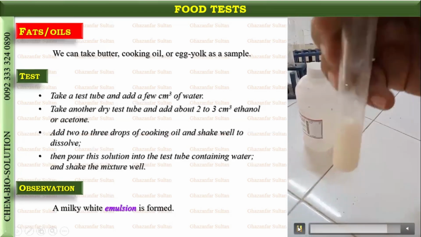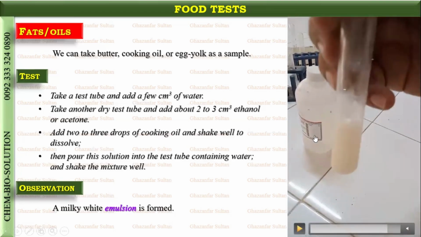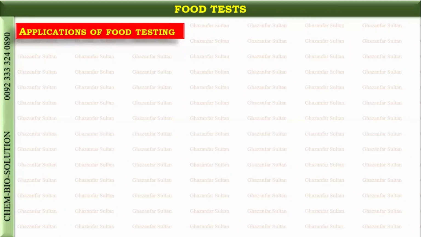Actually, why does it happen? Because water is already in this commercial grade ethanol. So that's why this milky white emulsion formed directly. So this is also a test for fats and oils. So you can use either way to check whether the sample contains fat or not.